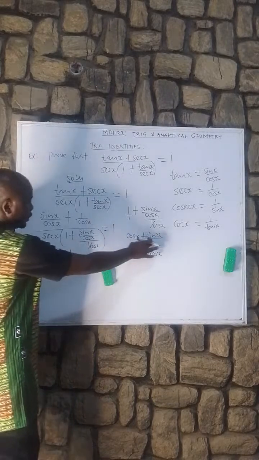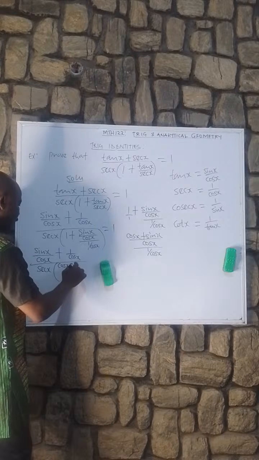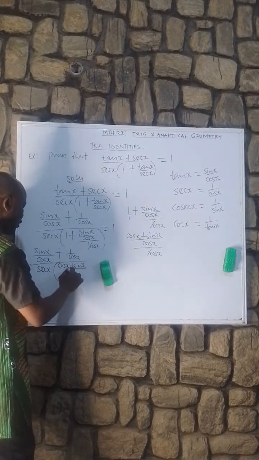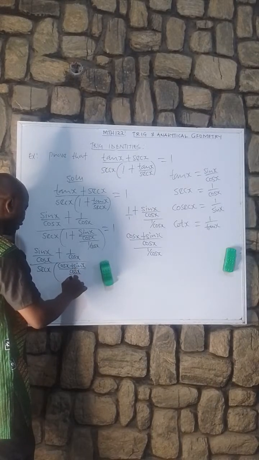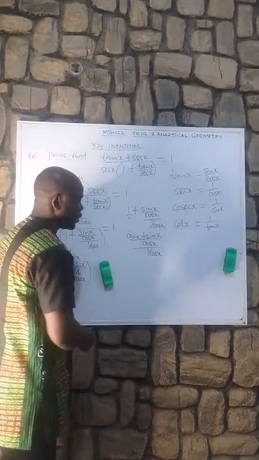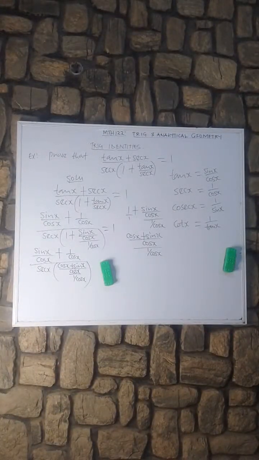This bracket is now cos x plus sine x, then all over cos x all over 1 all over cos x. True or false? It's true, right? Yeah, so far, so good.